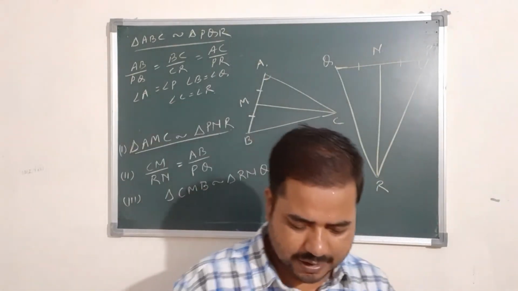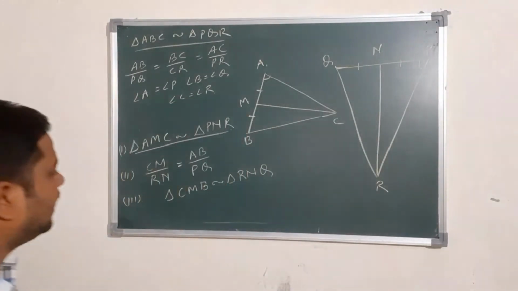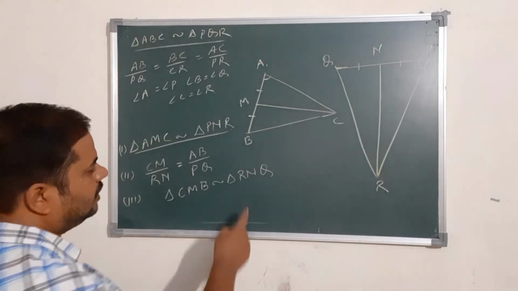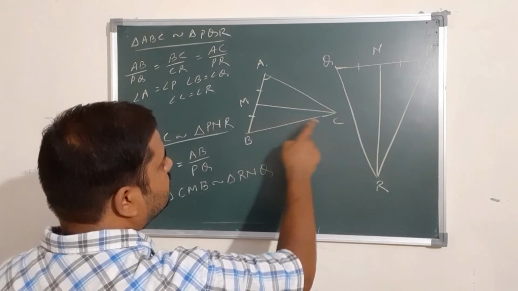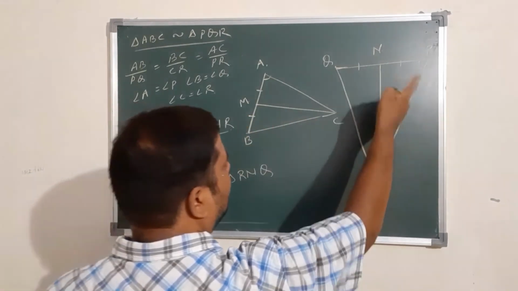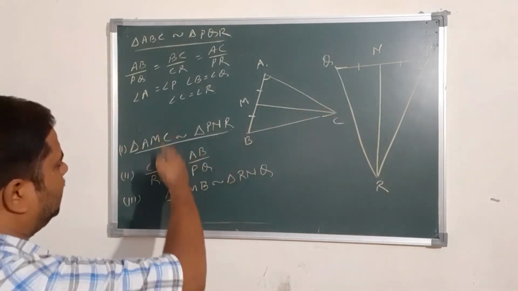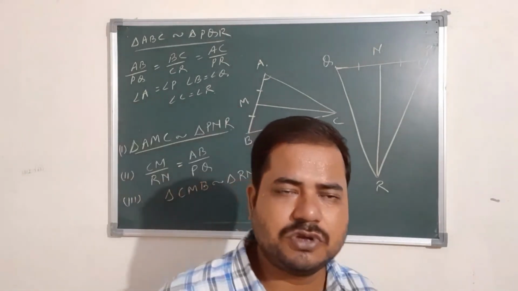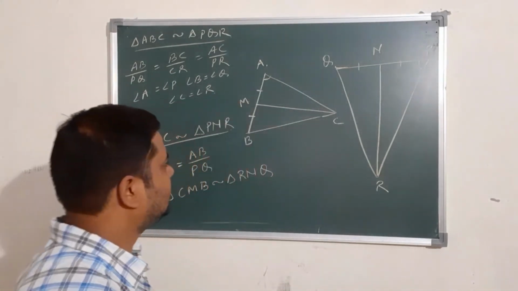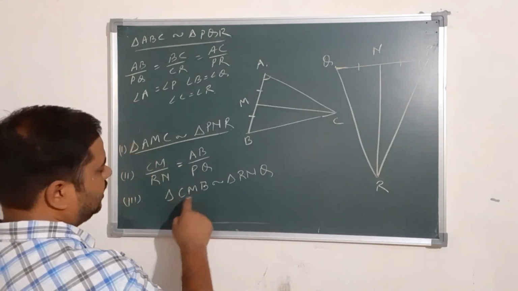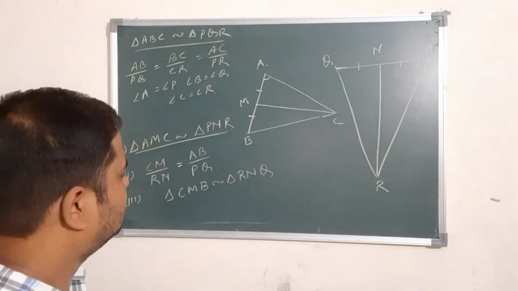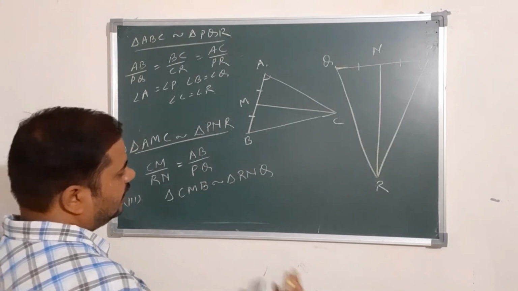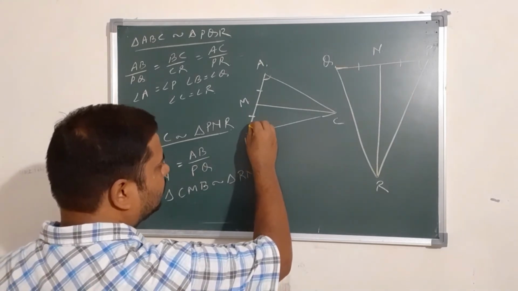And the last one is triangle CMB is similar to RNQ. In the same manner as we saw in the first question, applying the same method, we get triangle CMB similar to triangle RNQ by SAS criteria. Why?